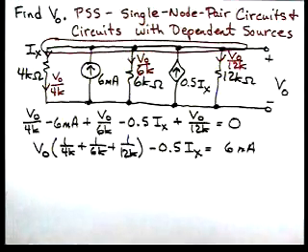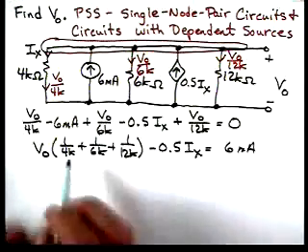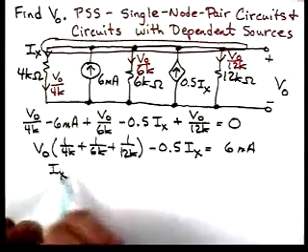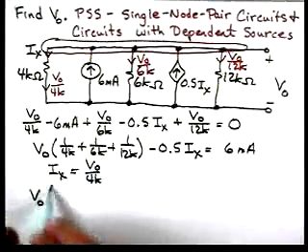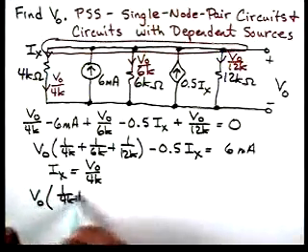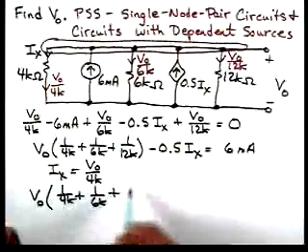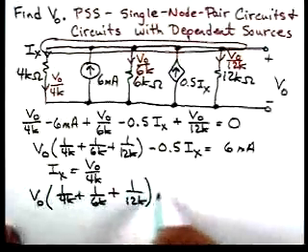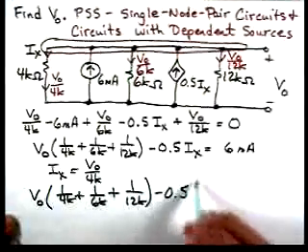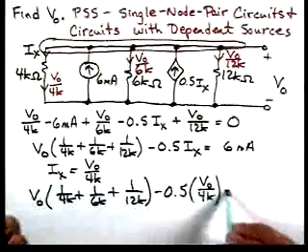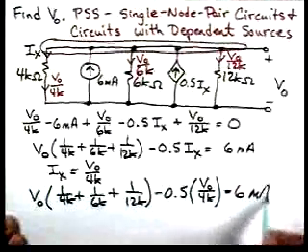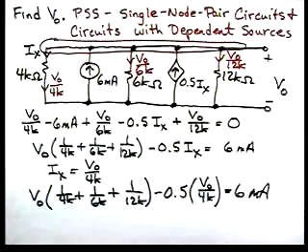Now if we look at our circuit, we see, for instance, that Ix is equal to V0 over 4K. So now we make that substitution.